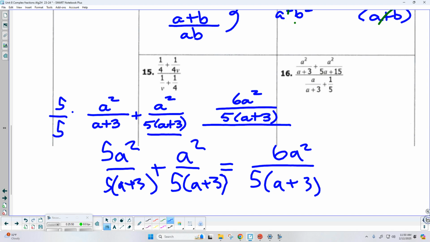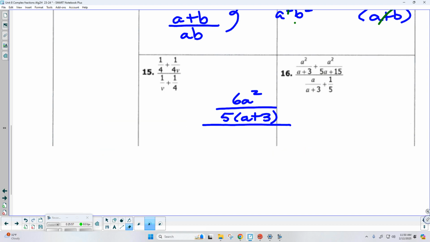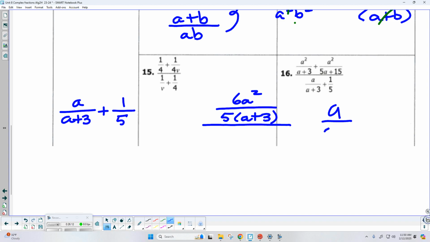Now, I need somebody to come on up. Okay, so now we want to simplify the denominator. We have a over a plus 3, and we're going to add 1 over 5. Javi's going to help us out on this one. So our common denominator.